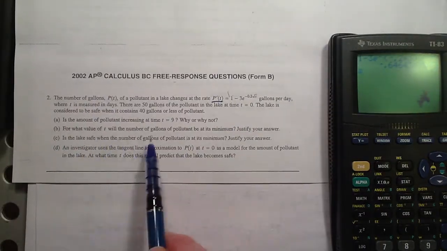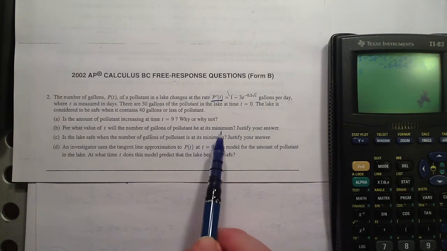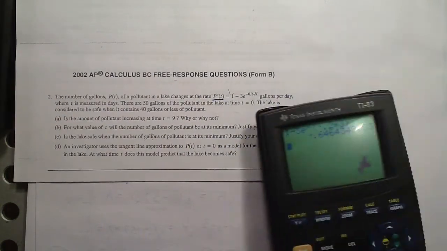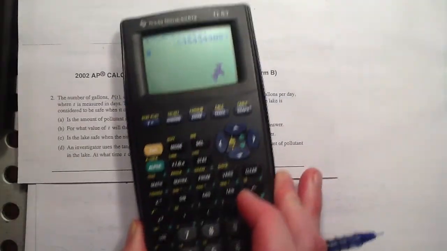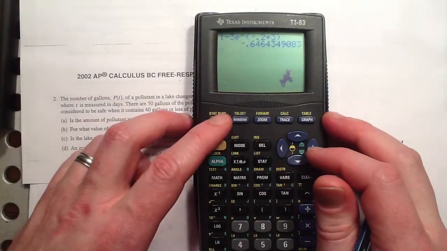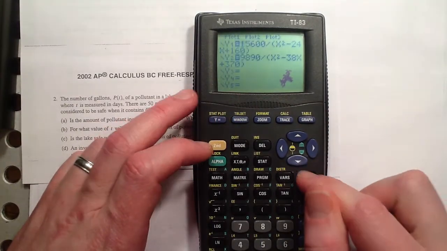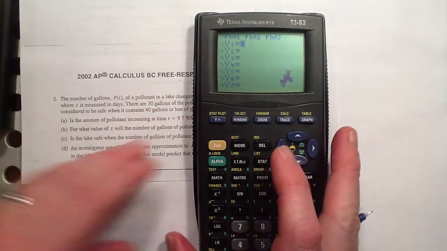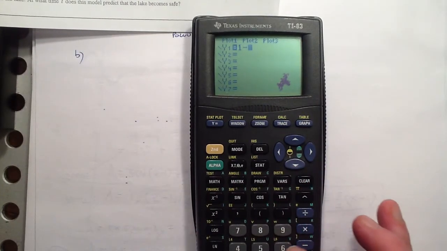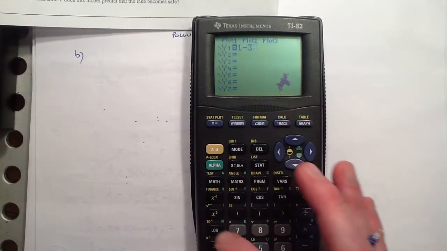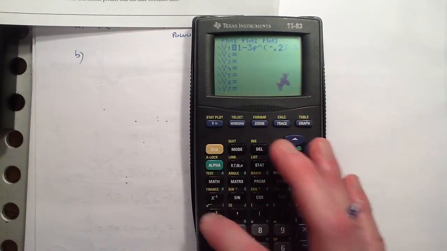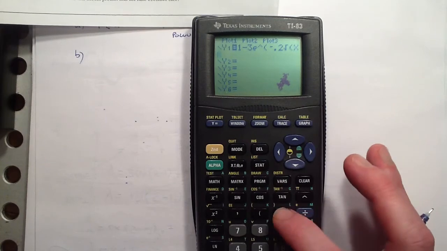For one value of t, will the number of gallons of pollutant be at its minimum? Justify your answer. Well, let's go ahead and graph our derivative here and see what we're looking at. One minus 3e to the negative 0.2 times the square root of x.